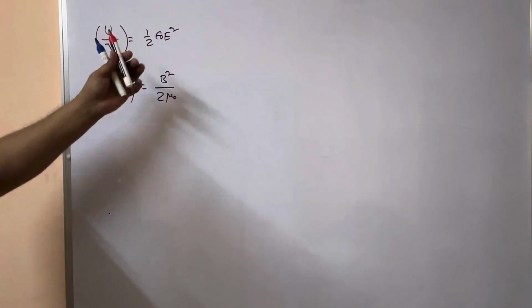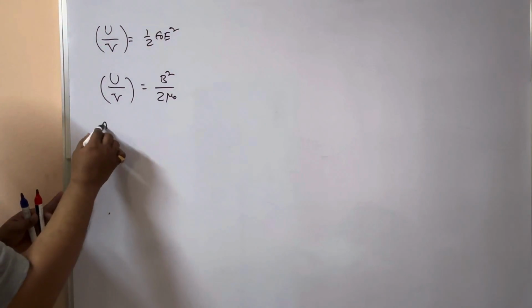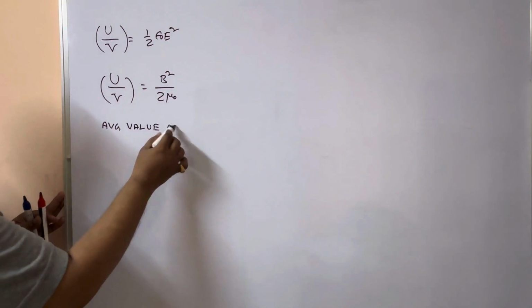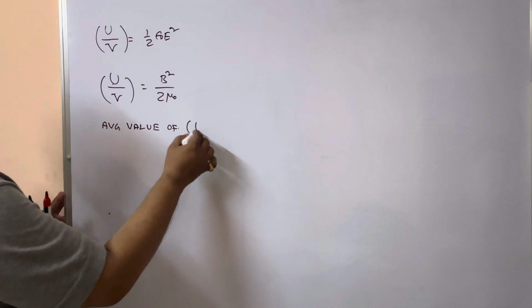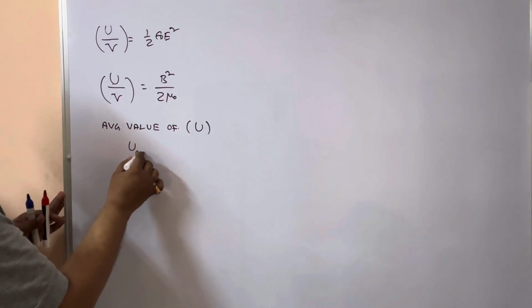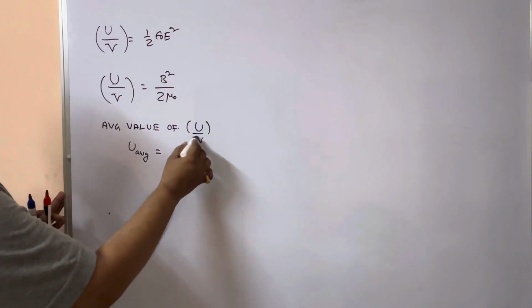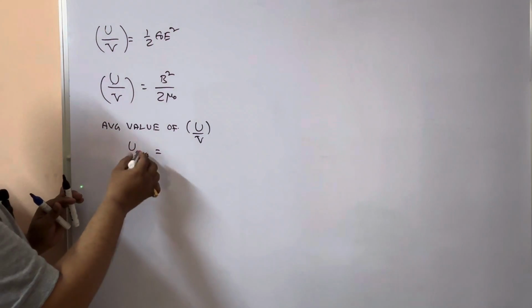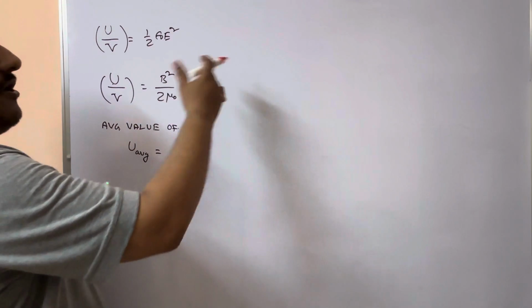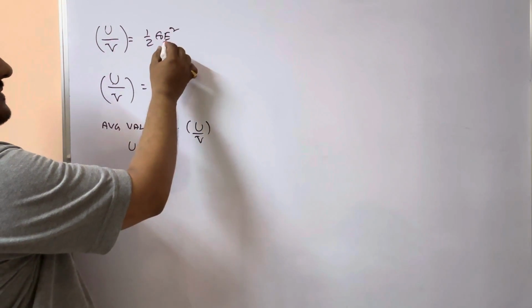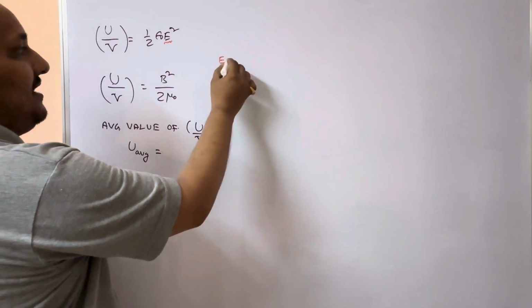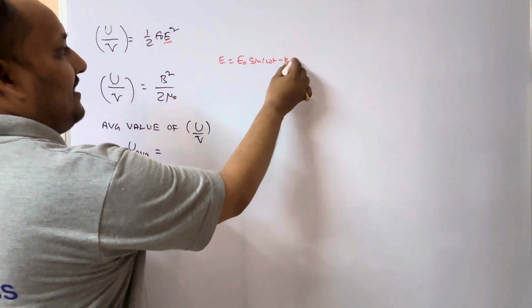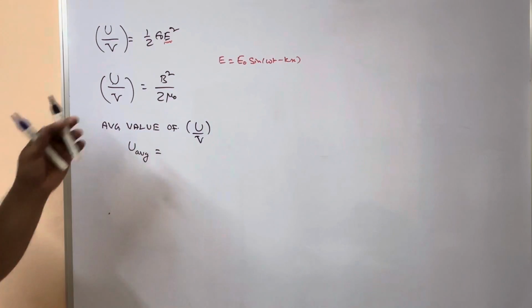So they will ask what is the average value. The average value of energy density, they will write as U average. For this, averaged over a long time, in place of E we came to know E is equal to E₀ sin(ωt minus kx) or plus kx.